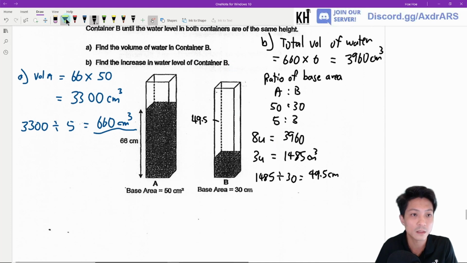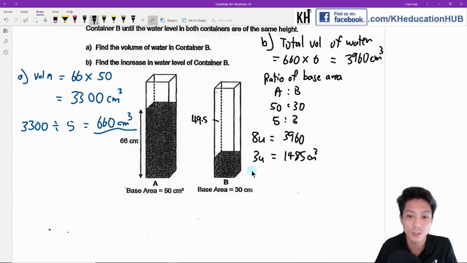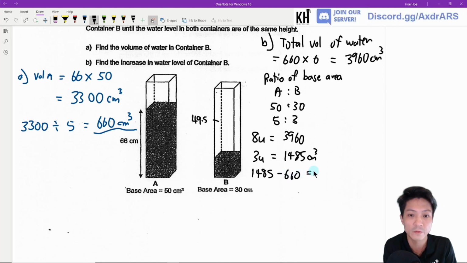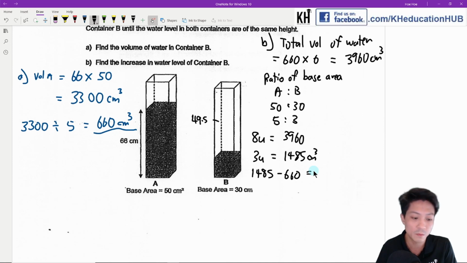I think I'm going to do it in another way. I'm just going to use 1485 minus 660. That will give me the amount of water that's poured from A to B. So 1485 minus 660 will be 825.